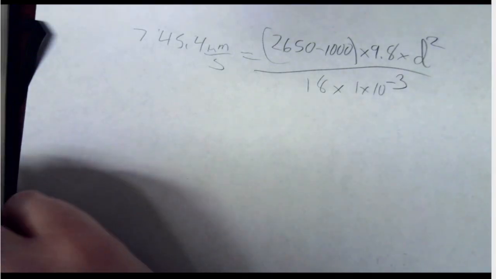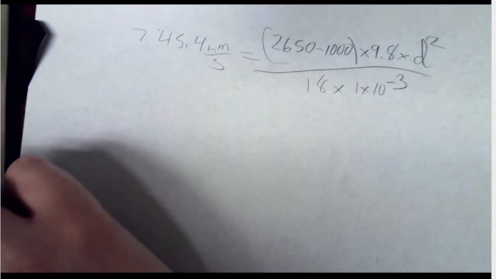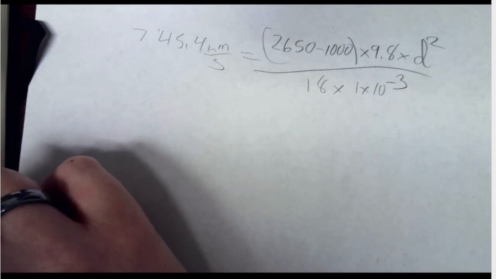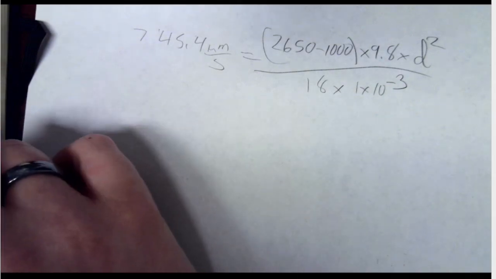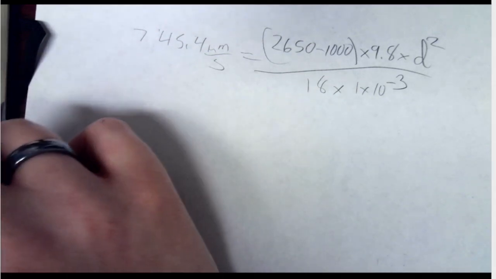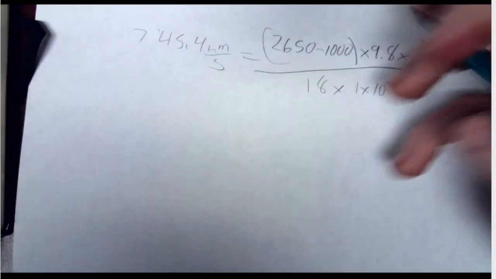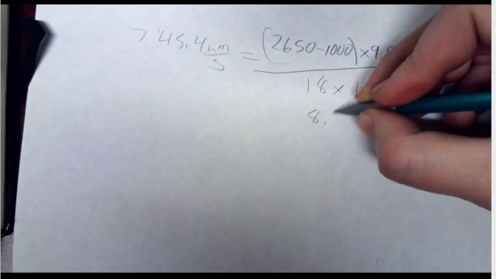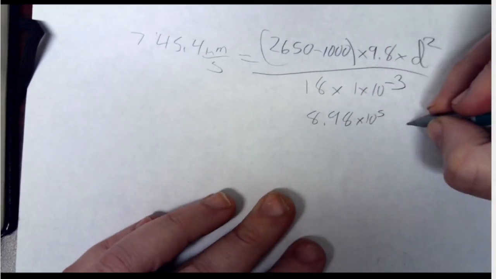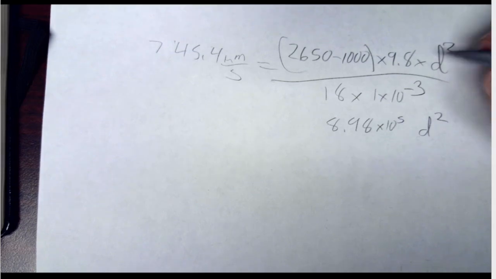So that's 2650 minus 1,000, divided by 18, divided by 10 to the negative third, times gravity, and we get something like 8.98 times 10 to the fifth times diameter squared.